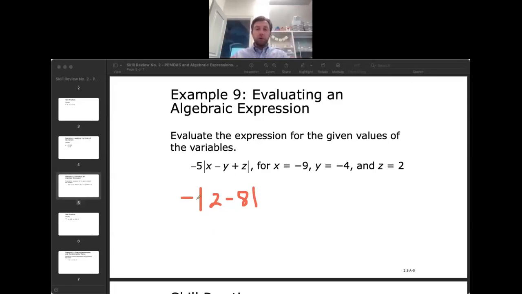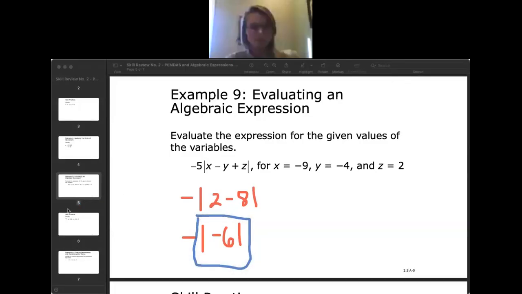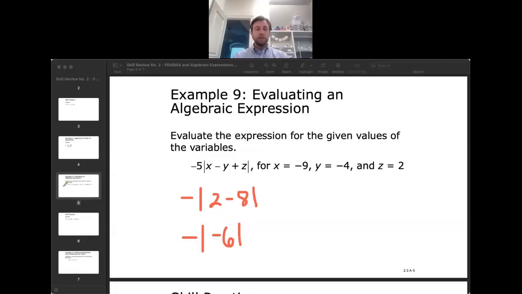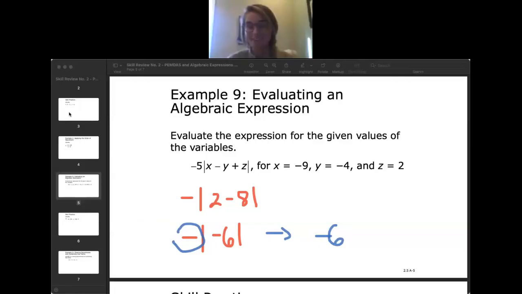We treat it like parentheses in terms of when we do it in the order of operations, but at the end of the day, it is an operation itself. So once you get it down to a single number in here, then you have to apply the absolute value. What is the absolute value of that -6? It's 6, and then this minus sign right here just gets detached to the front. Cool? Yes, that helps a lot. Thank you. All right.